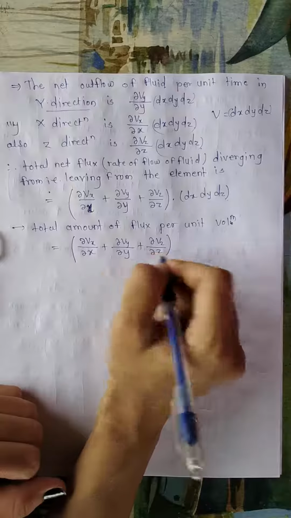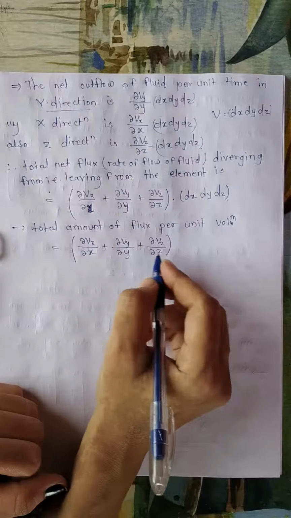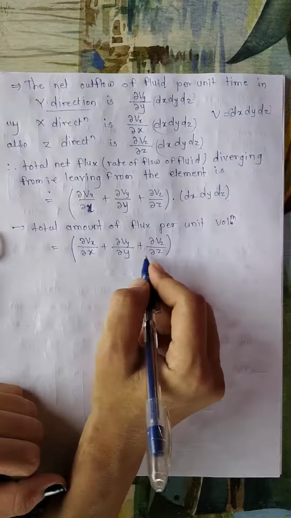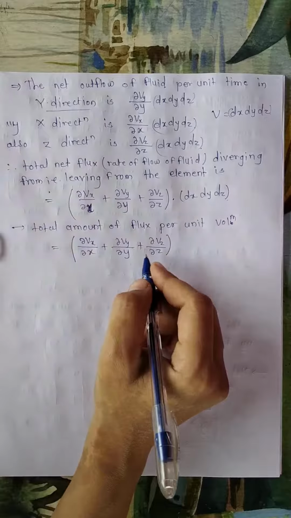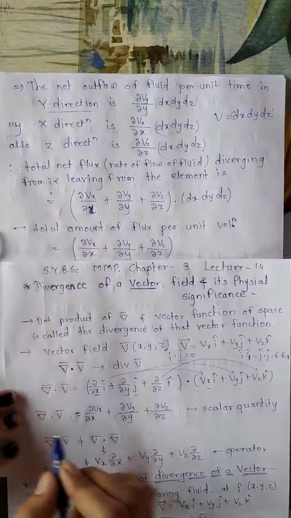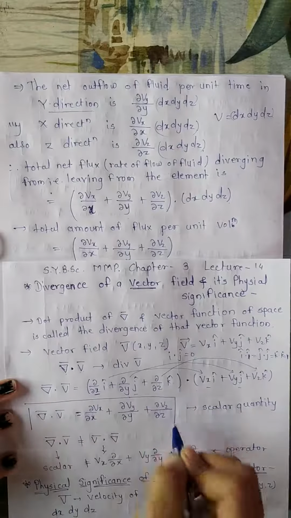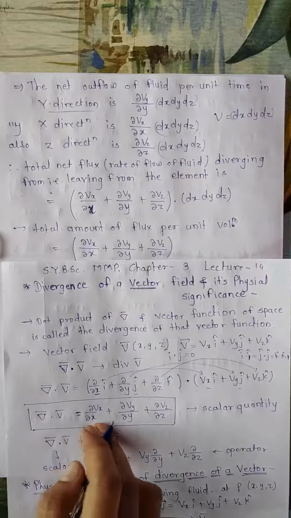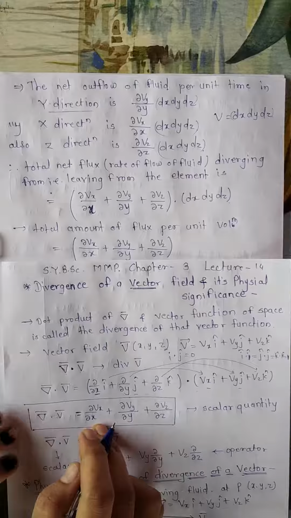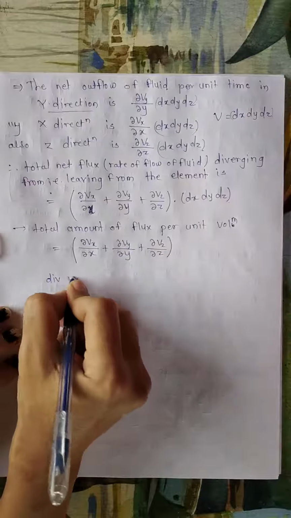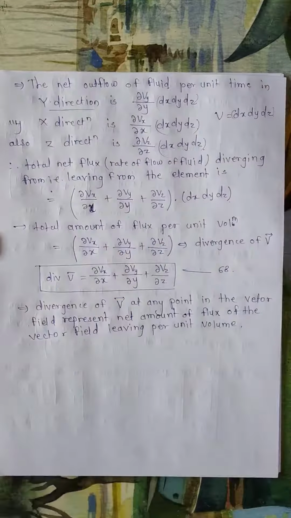Now this expression is nothing but the divergence of V bar. If you observe, in the starting we defined this expression as the divergence of V bar, which was given by this expression. So this is nothing but del dot V or divergence of V bar. Therefore we can say that the divergence of V bar is equal to this quantity.